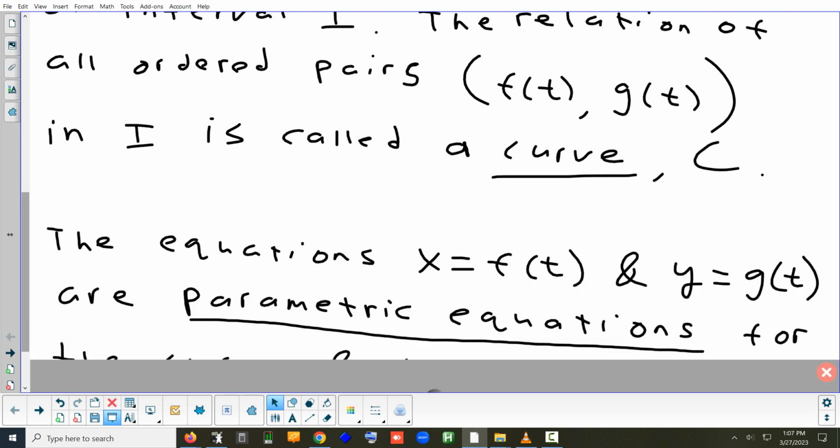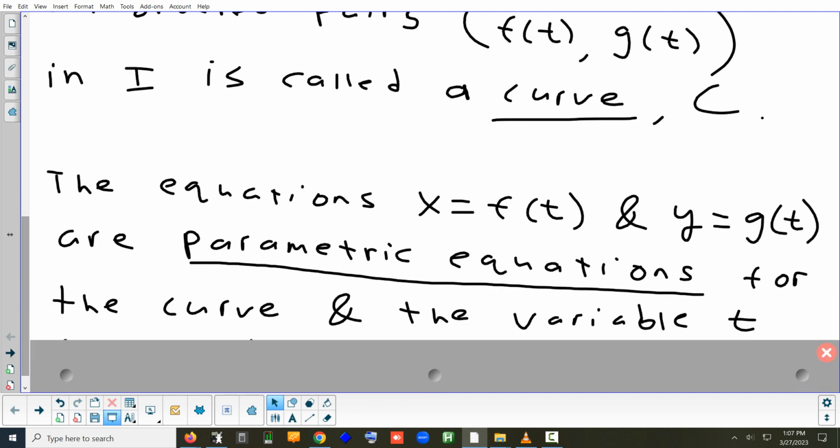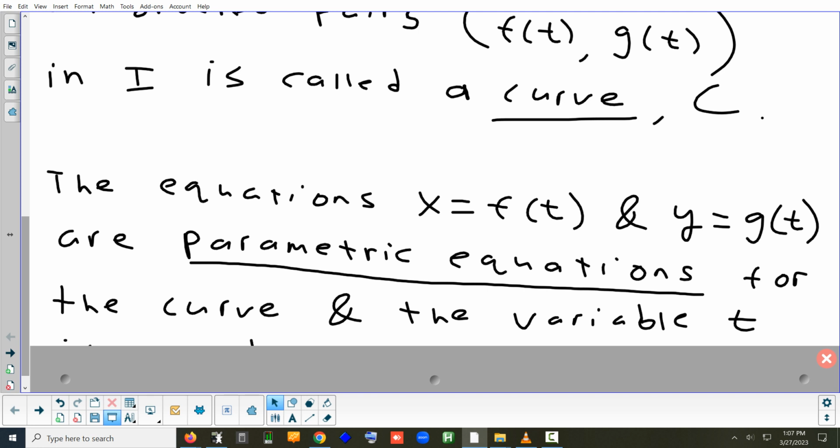So when you have two equations creating a picture, we call that a pair of parametric equations. And these would have to be formulas, like I showed you in another example. Now, the variable that we generally use, you could think of it as that independent variable. That's t.